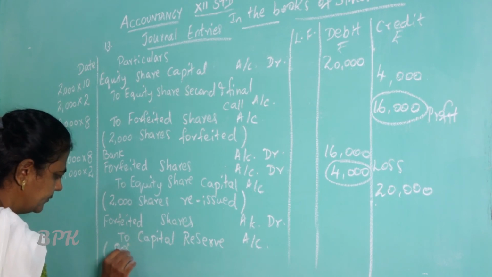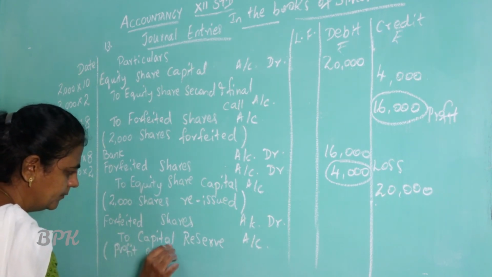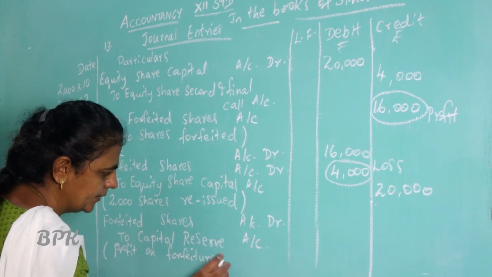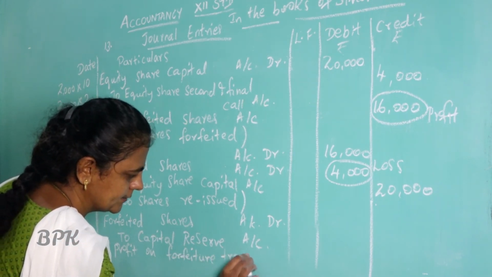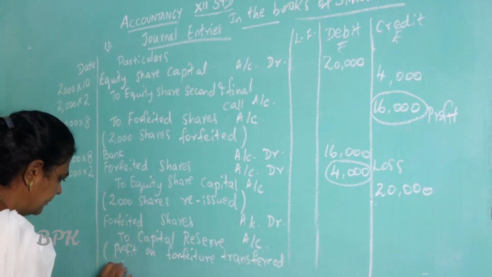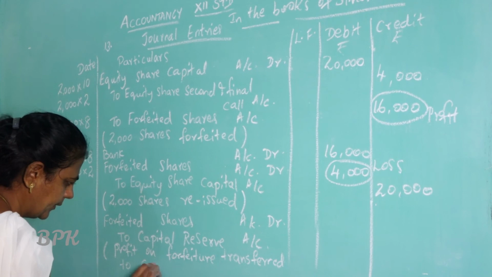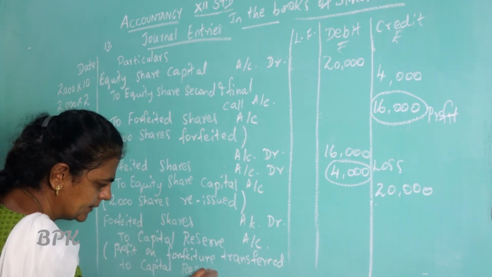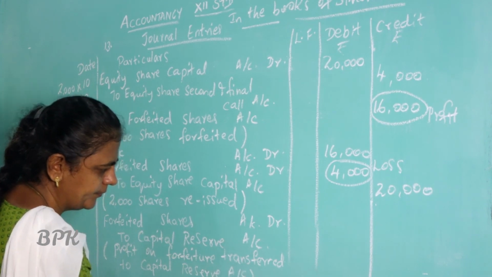Profit on forfeiture transferred to capital reserve account.